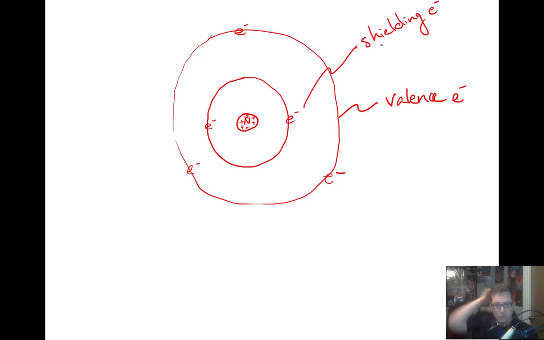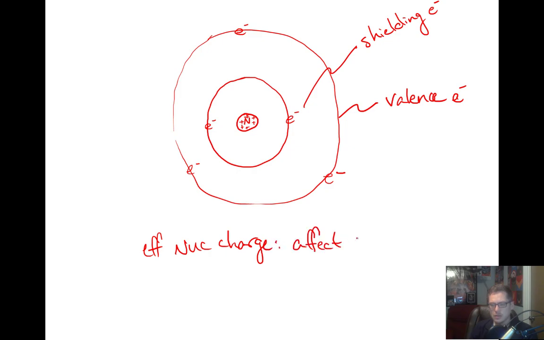Okay, so this periodic trend that we're about to talk about is called the effective nuclear charge, and essentially it's the effect that the nuclear charge has on the valence electrons. All right, so the effective nuclear charge is the effect the nucleus has on valence electrons.